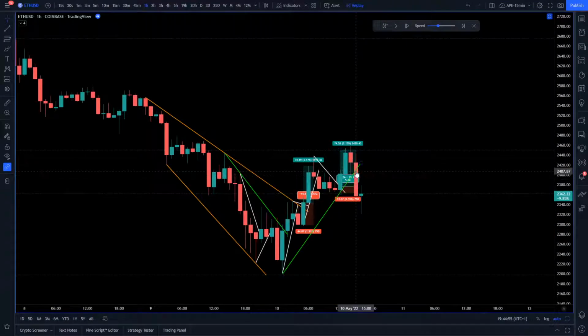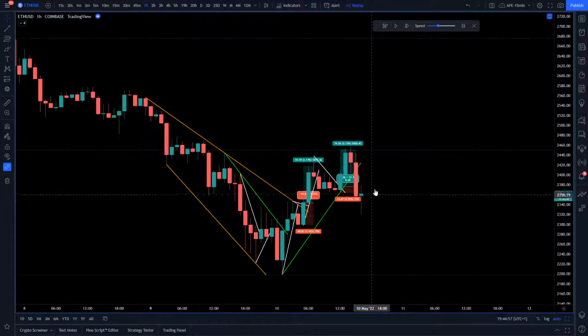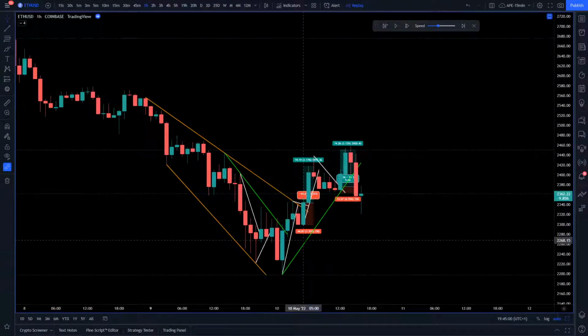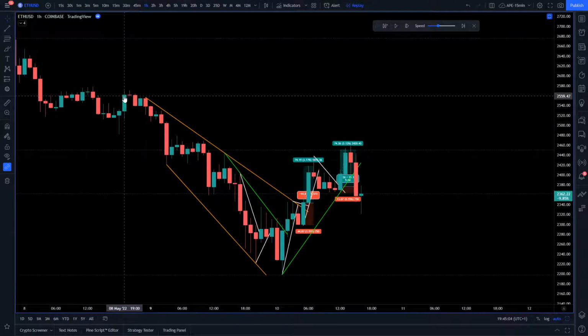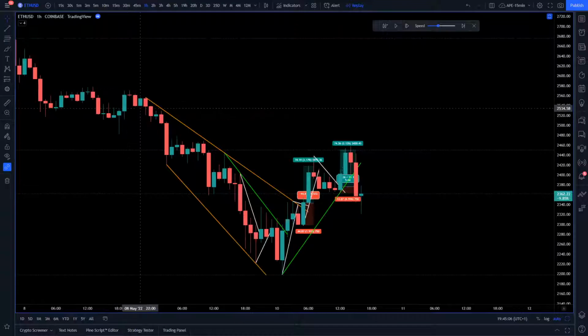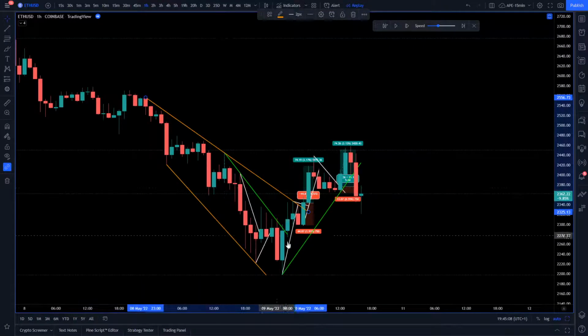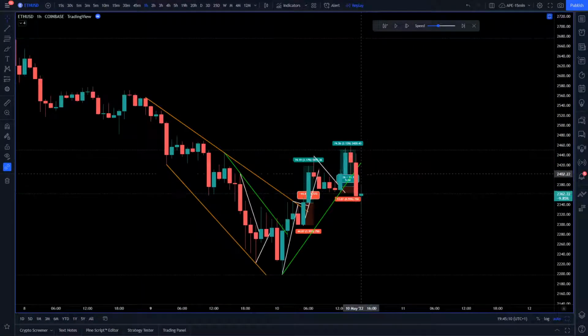Do we take this short sell? Do we sell here? No, because this orange trend is going up, so we don't sell here.